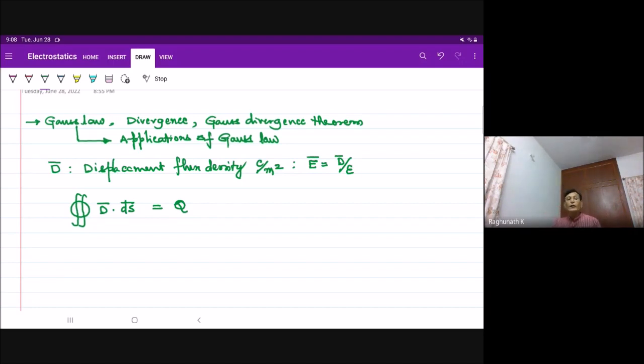Integral D bar dot dS bar equal to net charge enclosed by the closed surface is a universal statement. It's a sweeping statement, unconditional. This charge can be one point charge, many point charges, one line charge, many line charges, one surface or many surface charges, one volume charge or many volume charges inside.